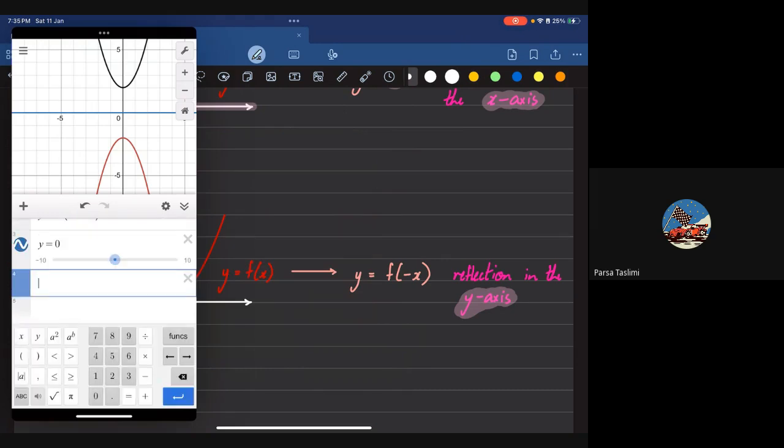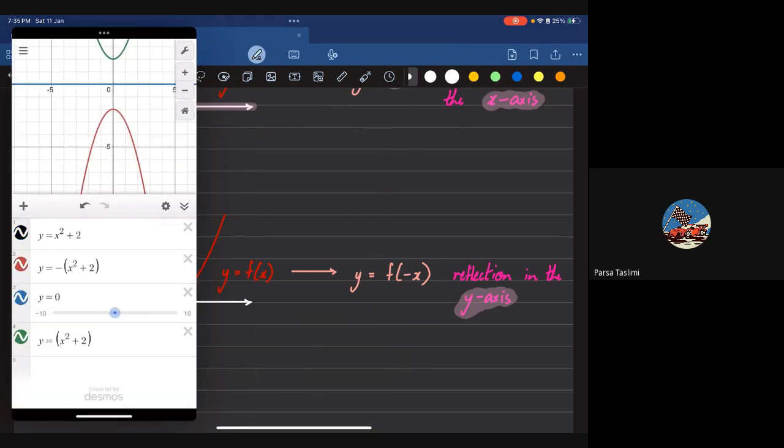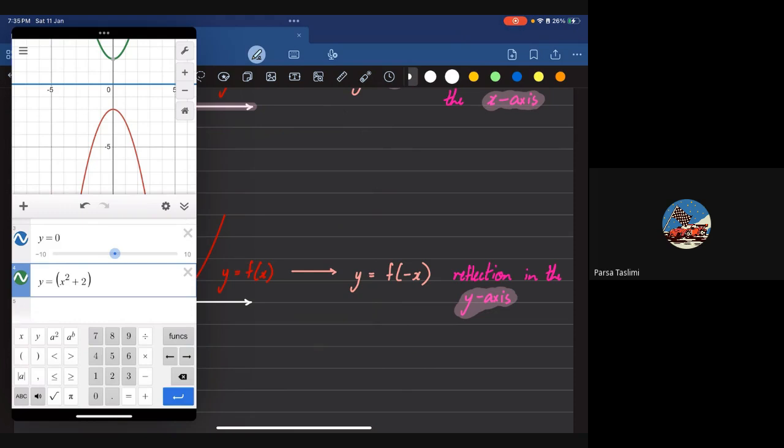Let's see. y is equal to x squared plus 2, right? That was the original, but this time around I'm going to do minus. Oh, it's still multiplying with that. Wait, I need to put more brackets in. This was my original equation, right? Now something is just multiplying.